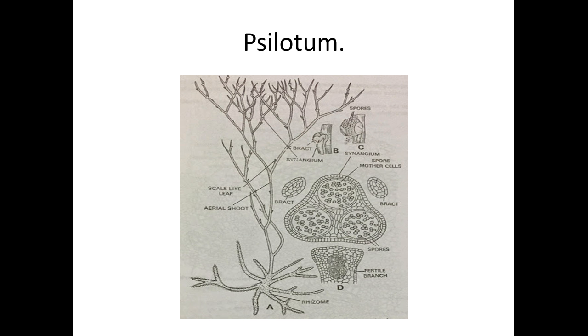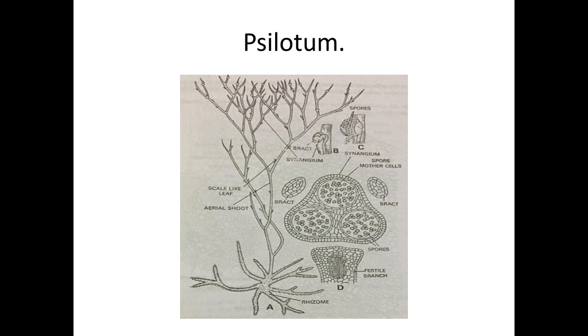Now see within this diagram, the sporophytic plant body is distinguished into an underground rhizome. Underground rhizome has endophytic mycorrhiza. Then the aerial shoot, that is known as the aerial stem. Aerial branches are dichotomously branched.